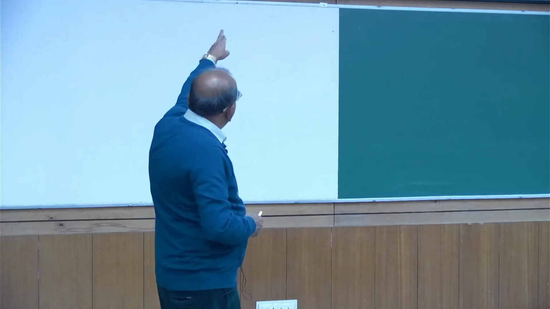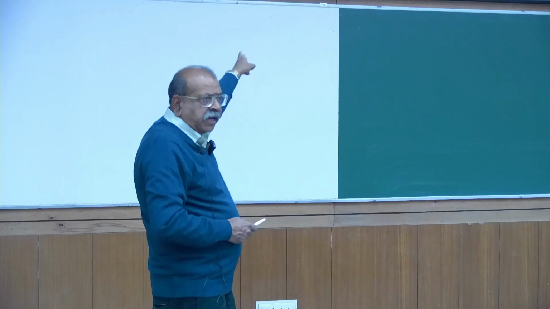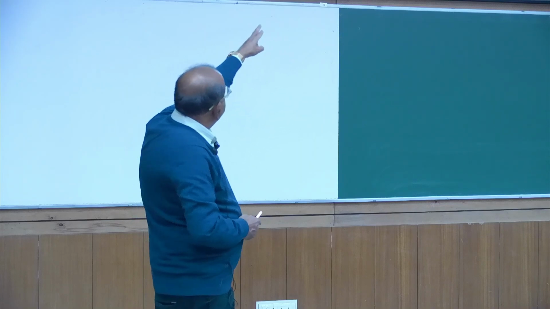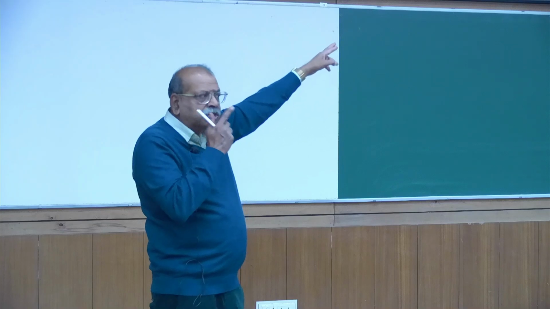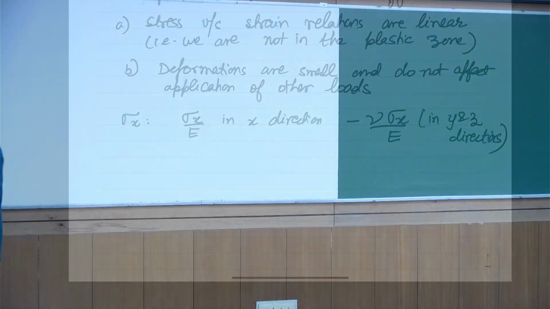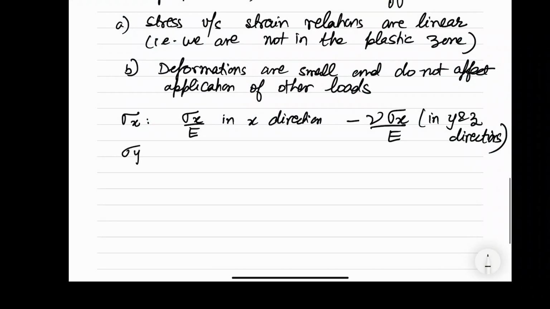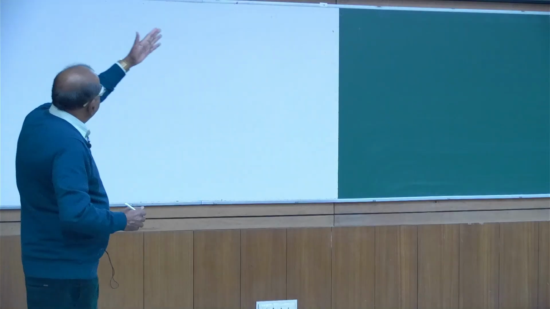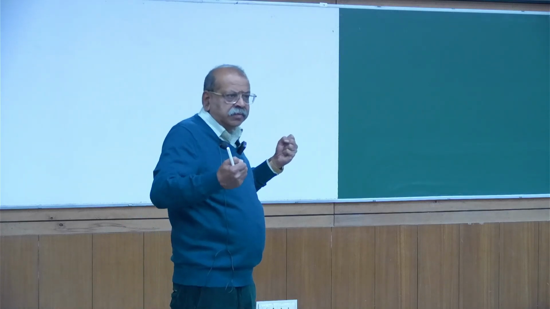Sigma x causes a strain, sigma x by E in the x direction and minus nu times sigma x by E in the y and z directions. These are the strains which are coming because of sigma x.